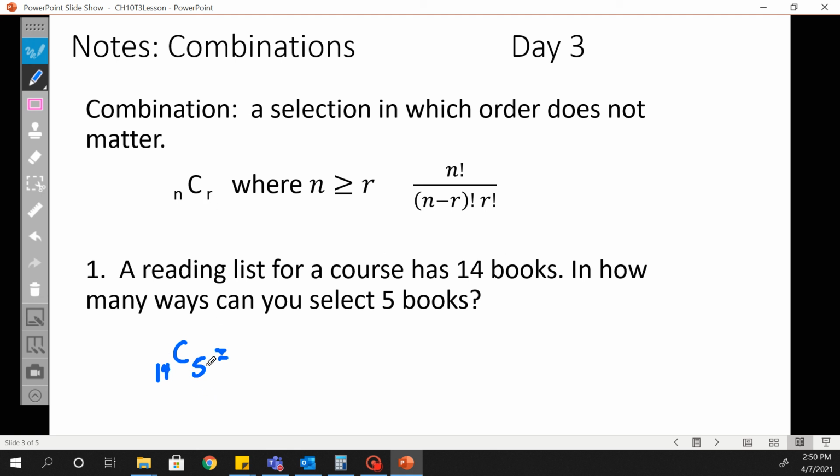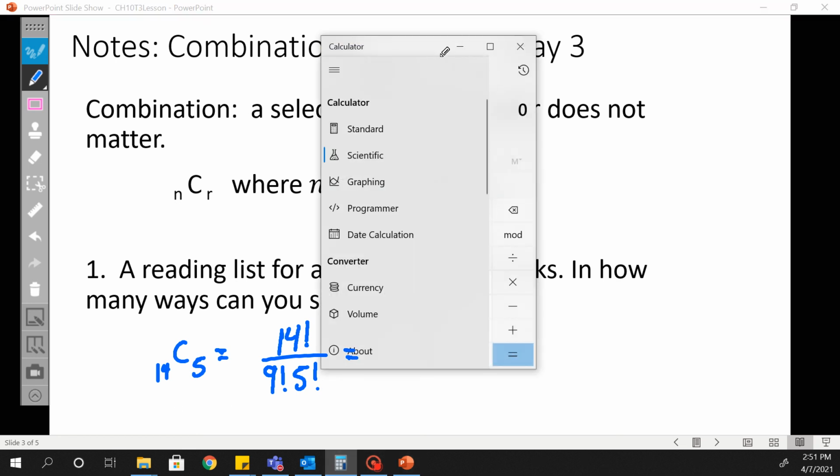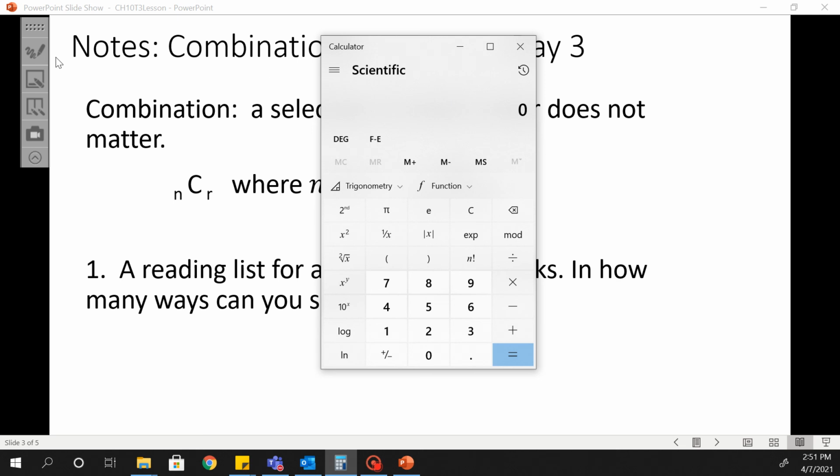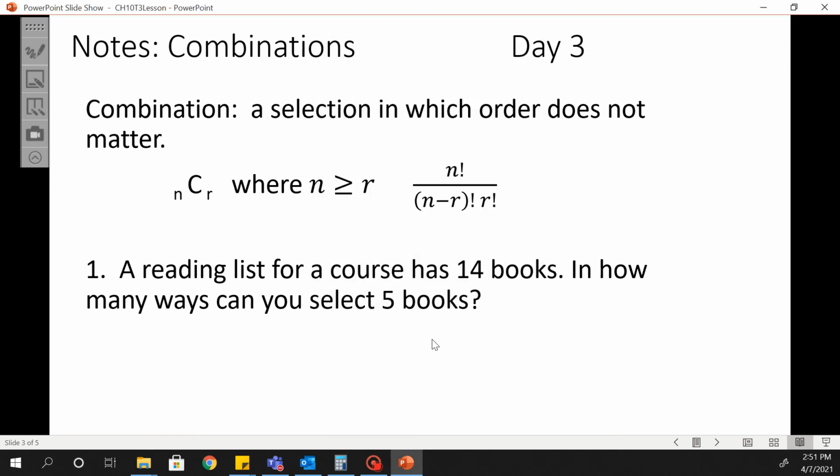That's 14 factorial over 14 minus 5, so 9 factorial, times 5 factorial. 14 factorial divided by 9 factorial times 5 factorial equals 2002 different ways.